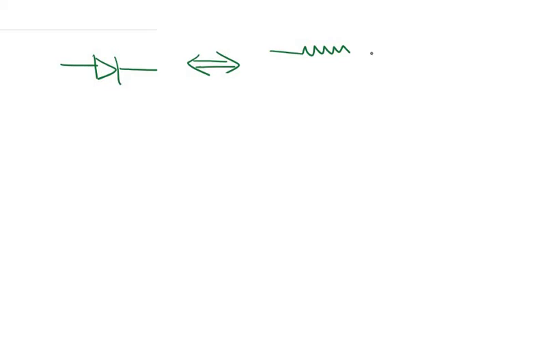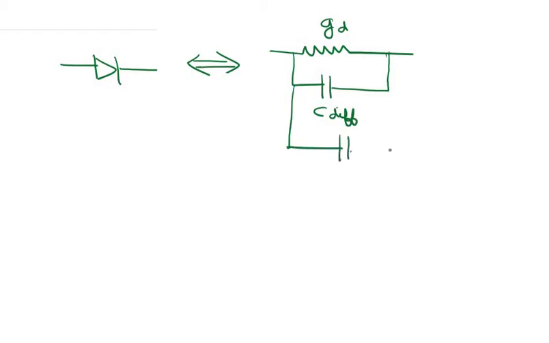There is a small signal conductance, or the diffusion conductance GD, then there is the diffusion capacitance which we call C diff, and then there is the depletion capacitance which we call C dep.